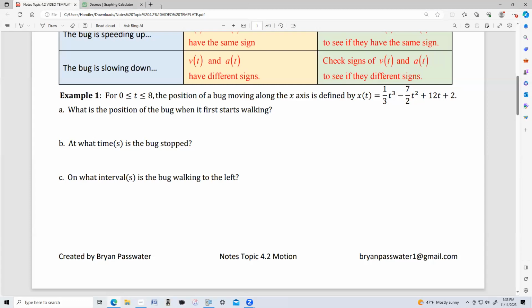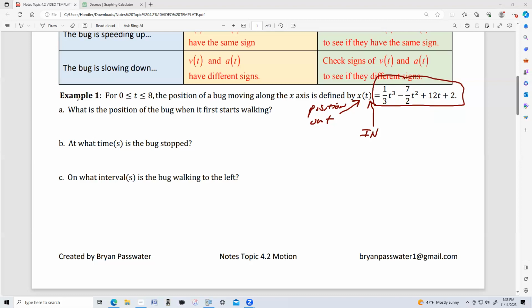If you plug in time for t, its position along the x-axis will be spit out. So time is your input, its x position is your output. Okay, so you plug time in, you get position out. If you use this function, 1/3 t cubed minus 7/2 t squared plus 12t plus 2.